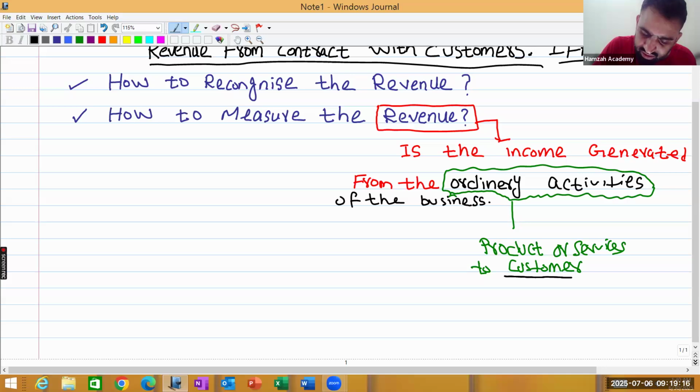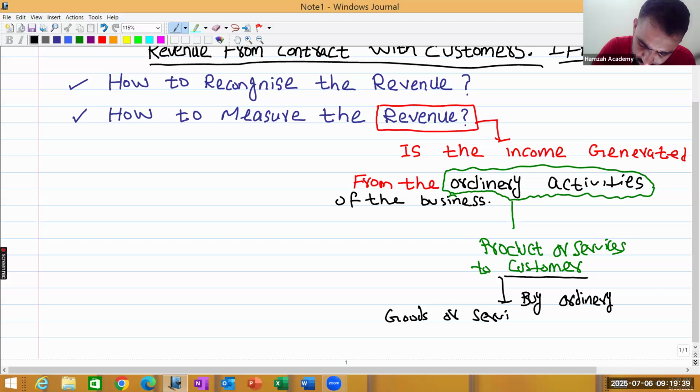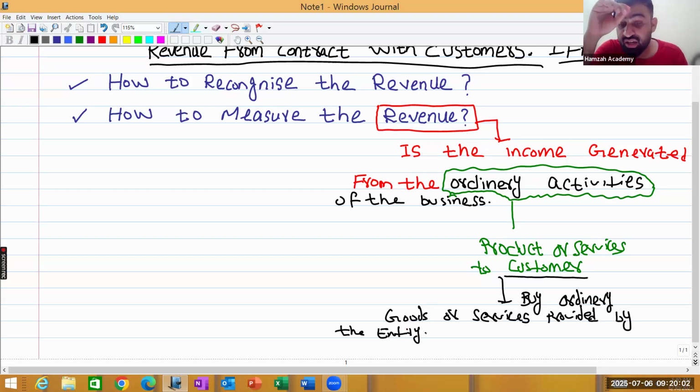Under IFRS 15, a customer is an entity which buys ordinary goods or services provided by the entity. So every buyer is not a customer.